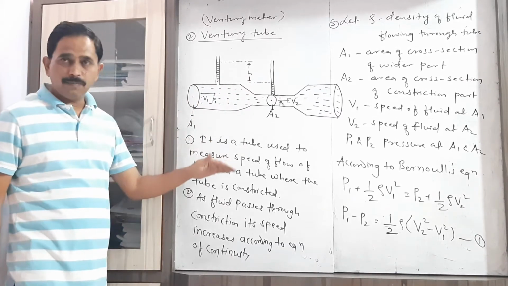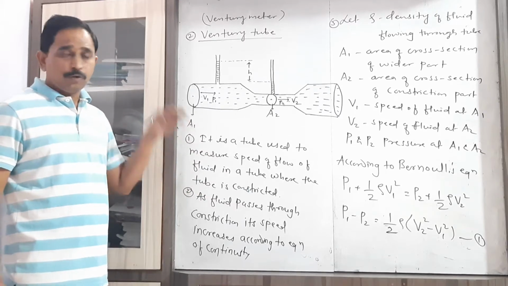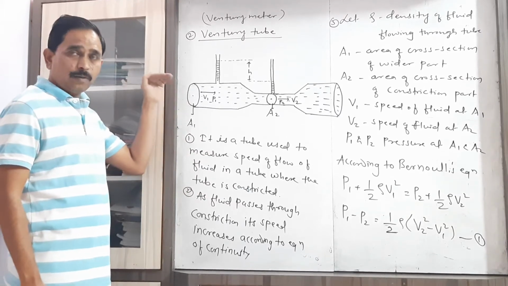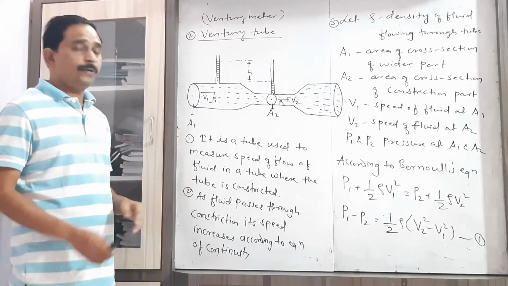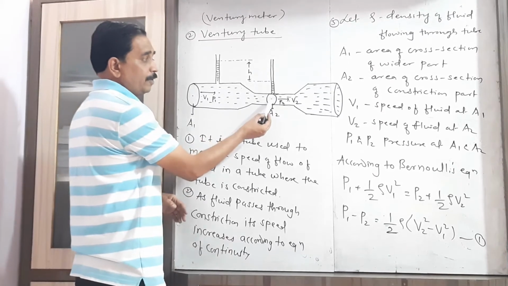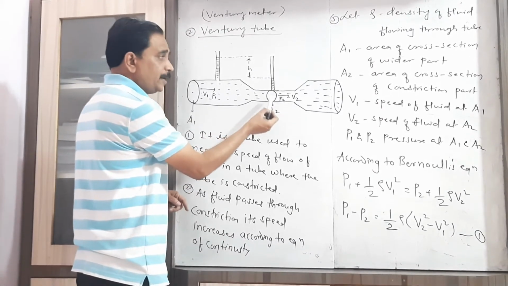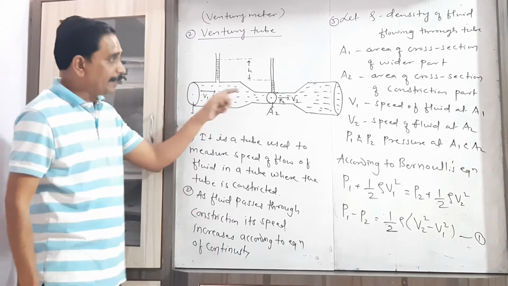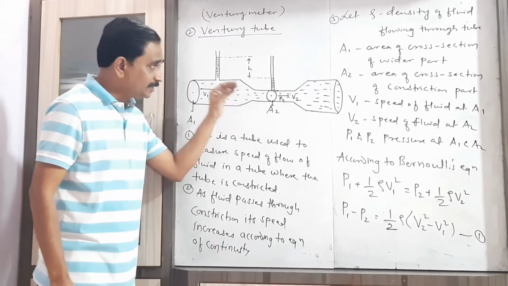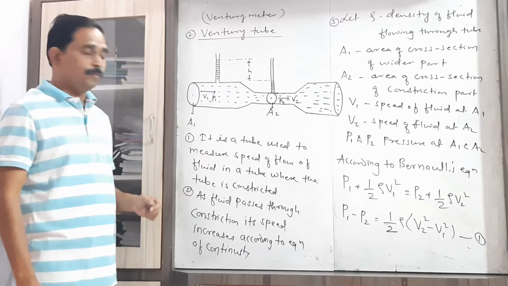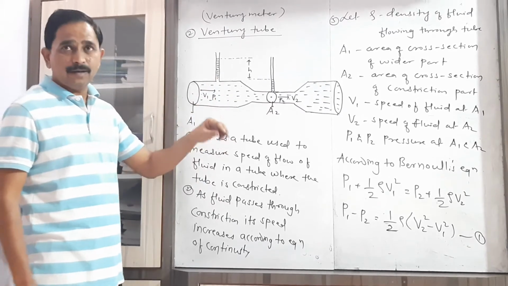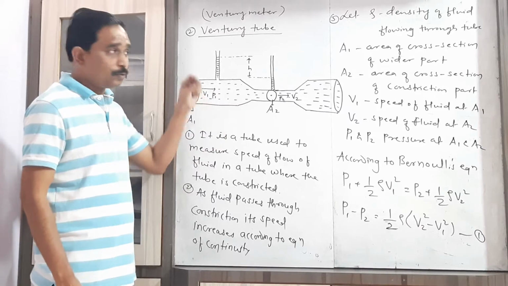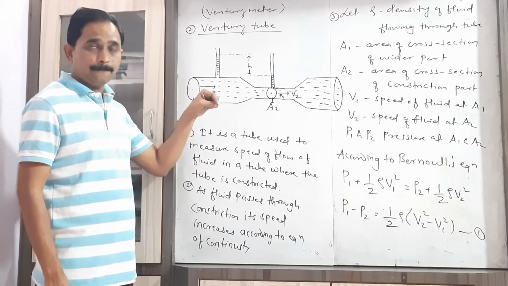Now this is the tube which is used to measure the speed of the flow of fluid in a tube where the tube is constricted. Here we have to find the speed of that fluid when it flows through the constricted part of that tube. In the first application, we determined the speed of the fluid through the small hole.